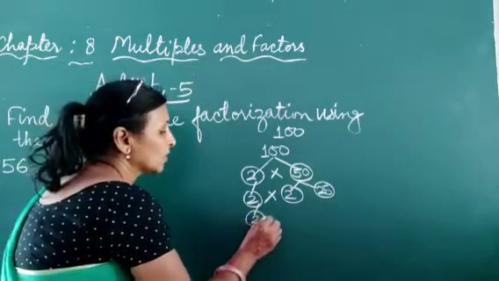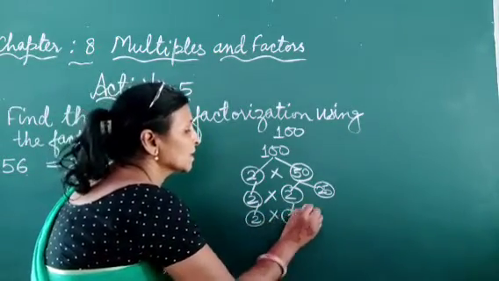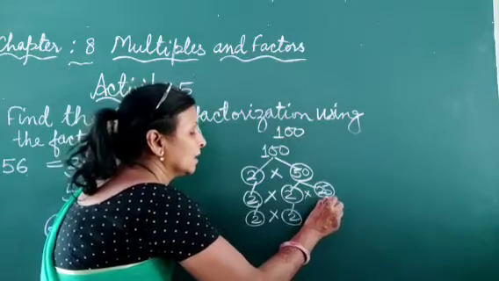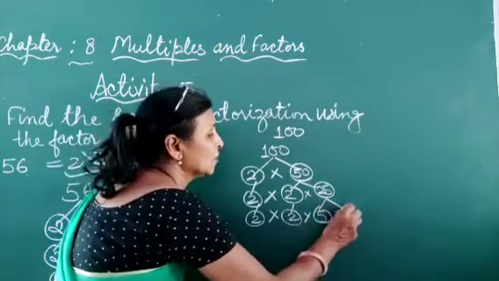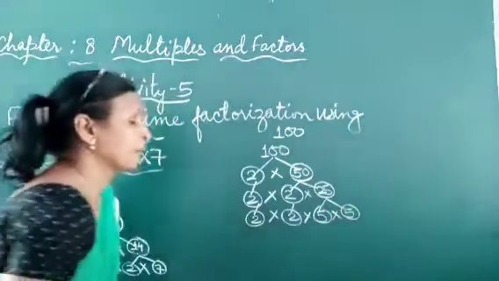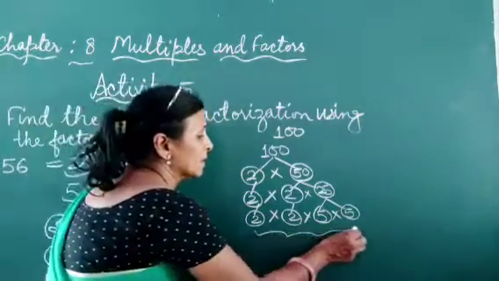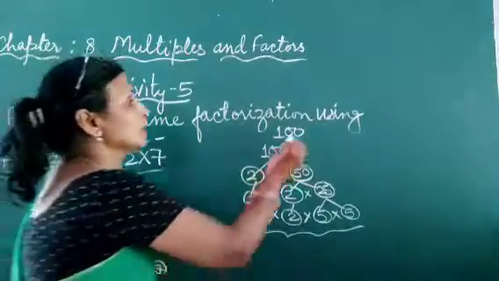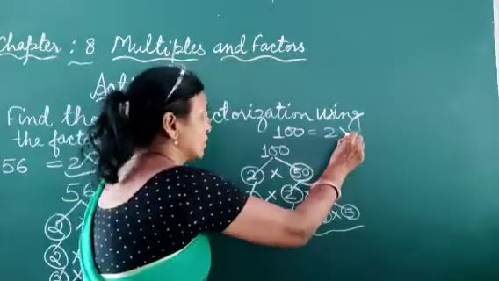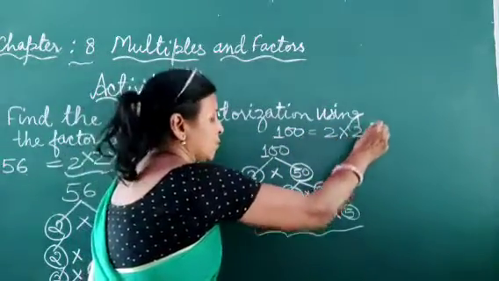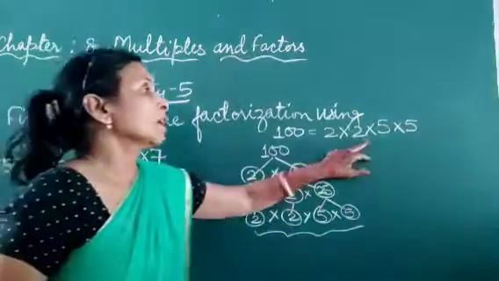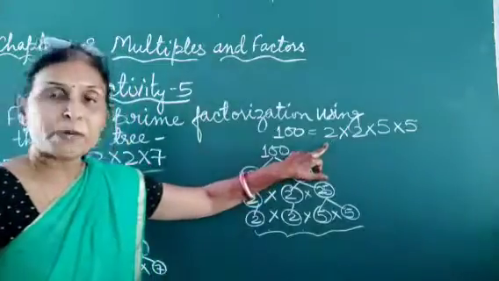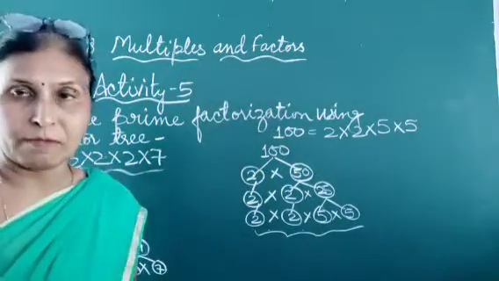Then again we write 2, then here is 2 and then we split, that is 5 fives are 25. This is the prime factorization of 100, that is 2 multiplied by 2 multiplied by 5 multiplied by 5. And if we multiply all these numbers, 100 comes.